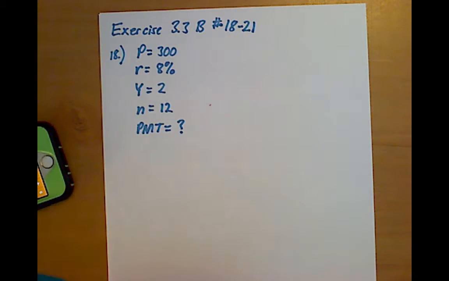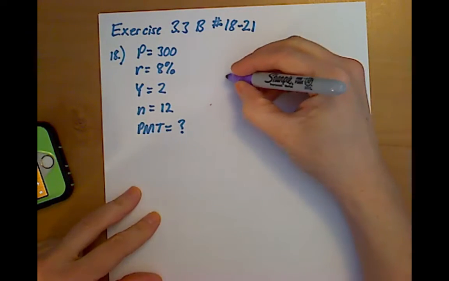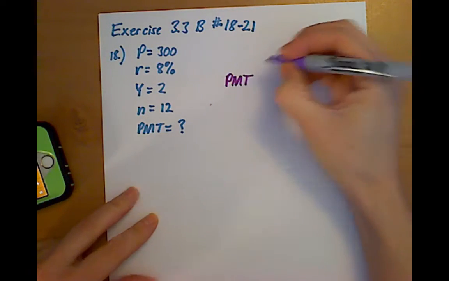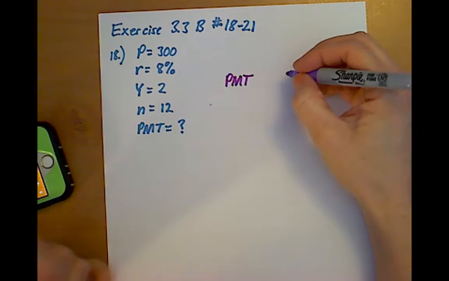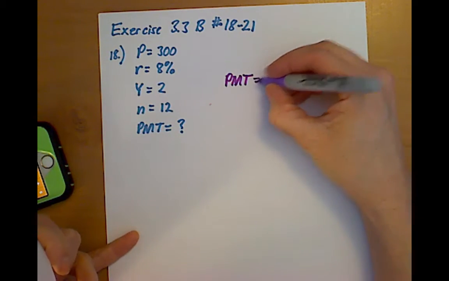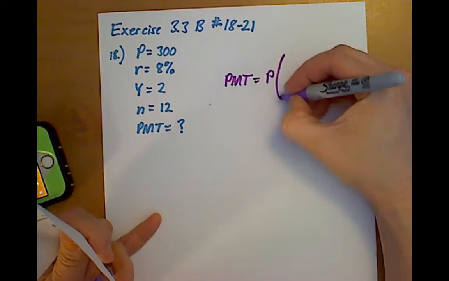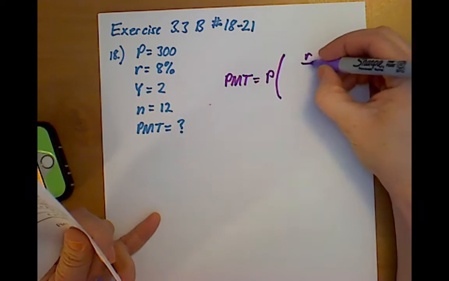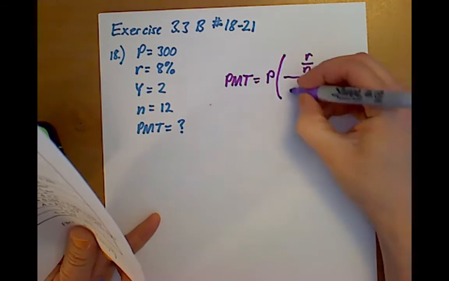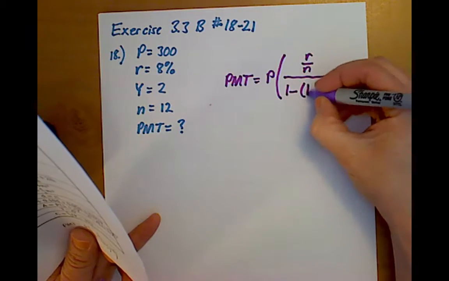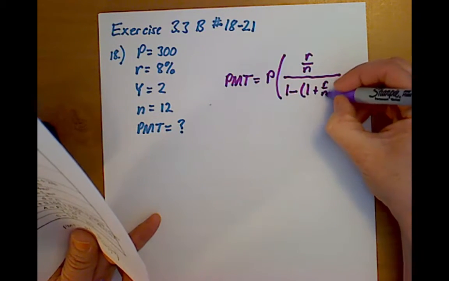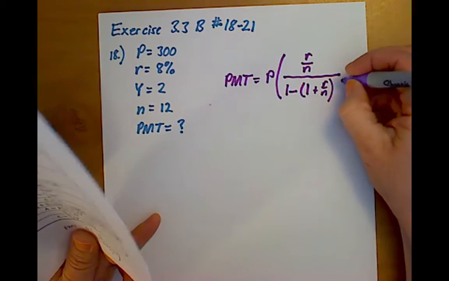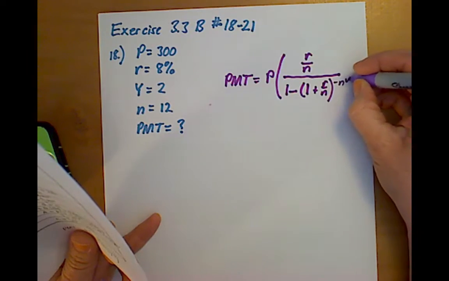I'll write it down for you. The loan payment formula is equal to P times R over N, all of that over 1 minus 1 plus R over N, raised to the negative N times Y.